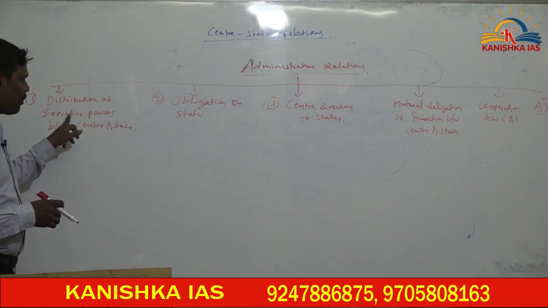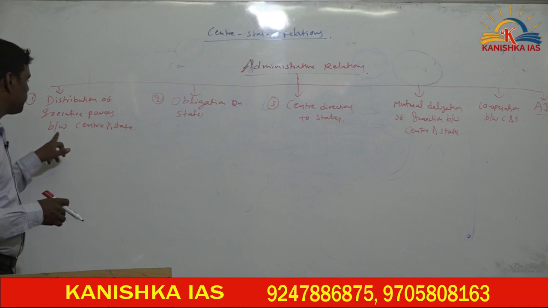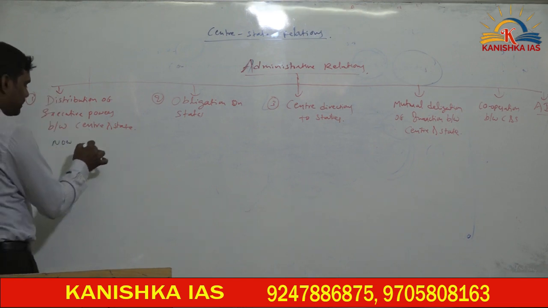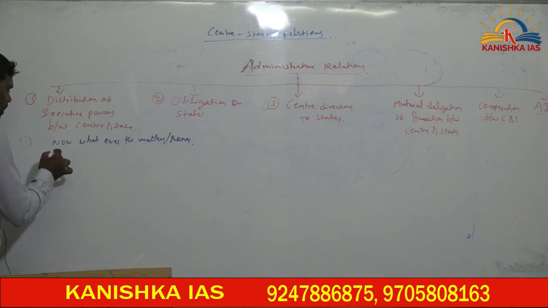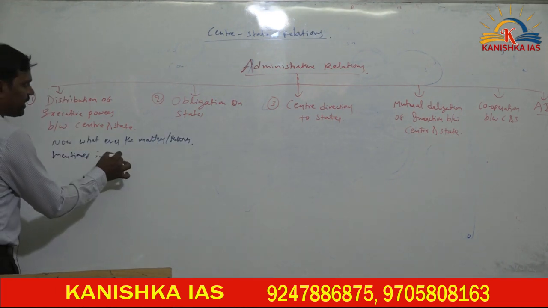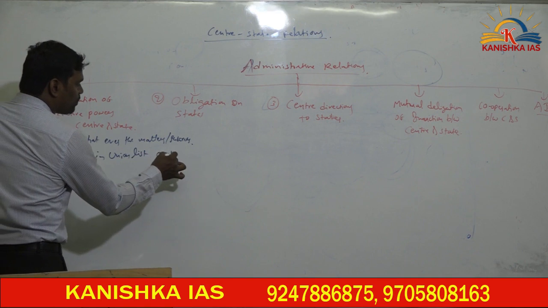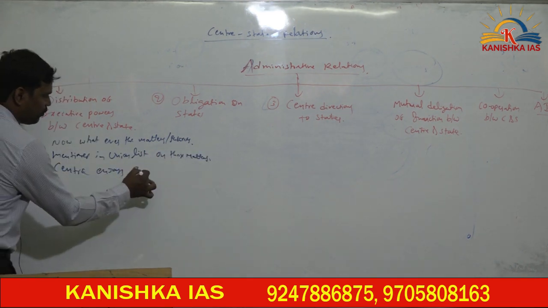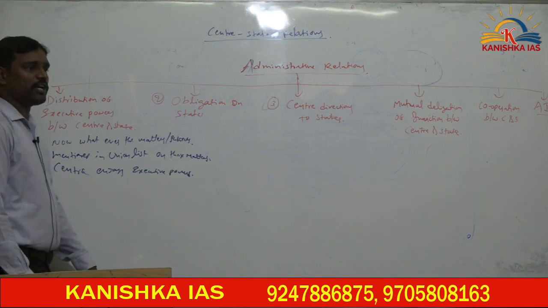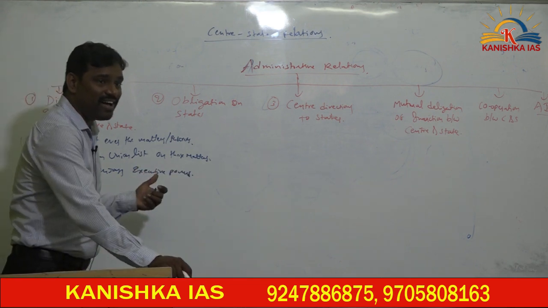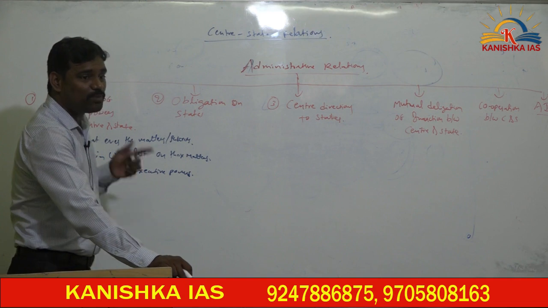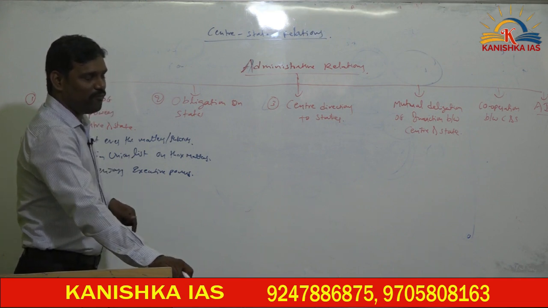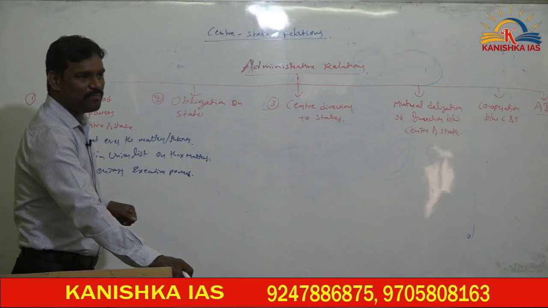Yes or no? Now, distribution of executive powers between center and the state. Whatever matter or subject is mentioned in the union list, on those matters center enjoys executive power. Those matters which are mentioned in the union list, executive powers are also enjoyed by whom? The center. For example, we said defense.